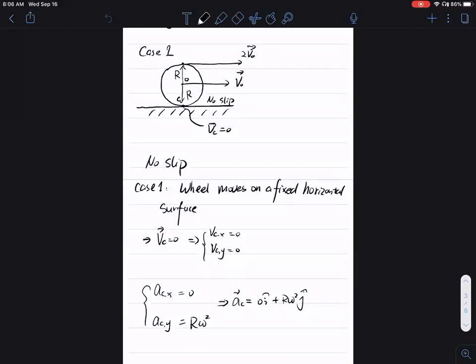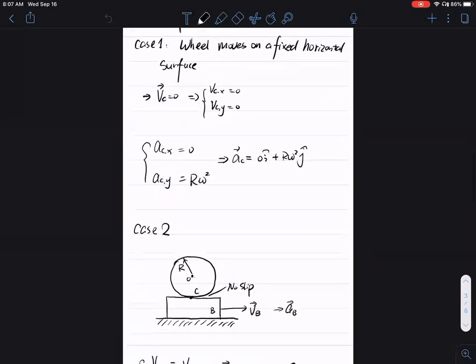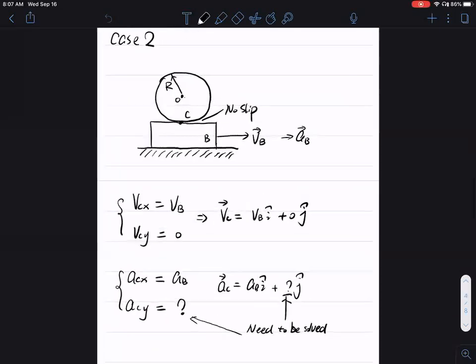And the second case for rolling without slip is when you have a wheel that's on a block. That block is sliding on the surface. So the wheel is on top of that block. So that's case two.